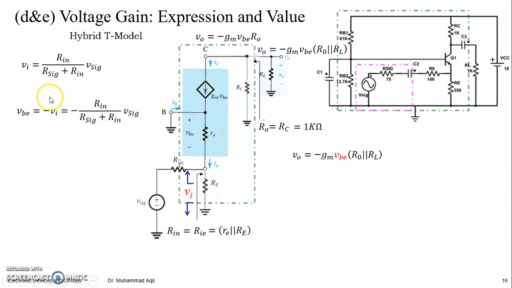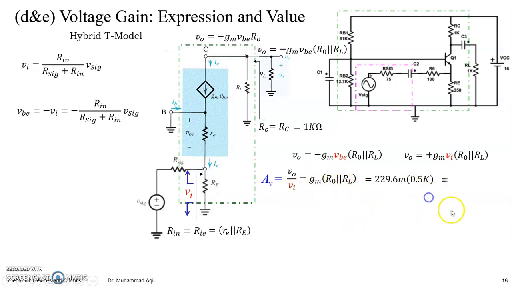We have this relation: VBE is equal to minus Vi, right? So minus minus picks plus. Now we have AV is V out by Vi, which is Gm times R naught parallel to RL, right? And when we put all these values, we got 114.8, very high gain, right?